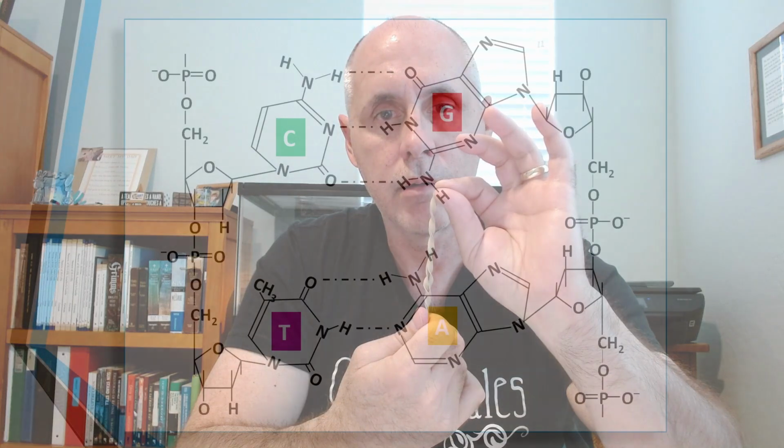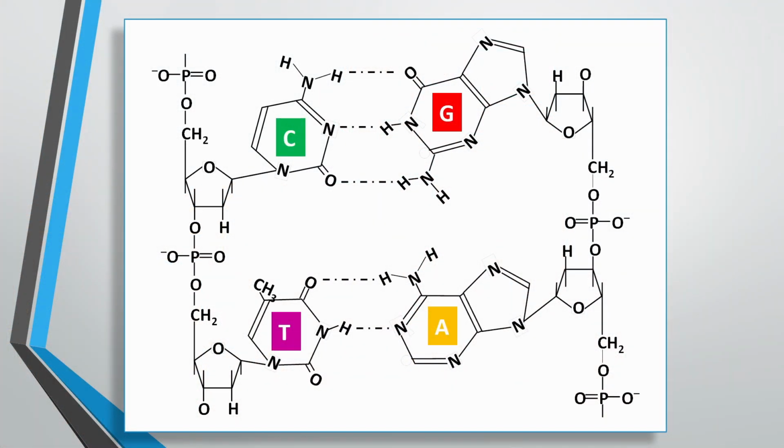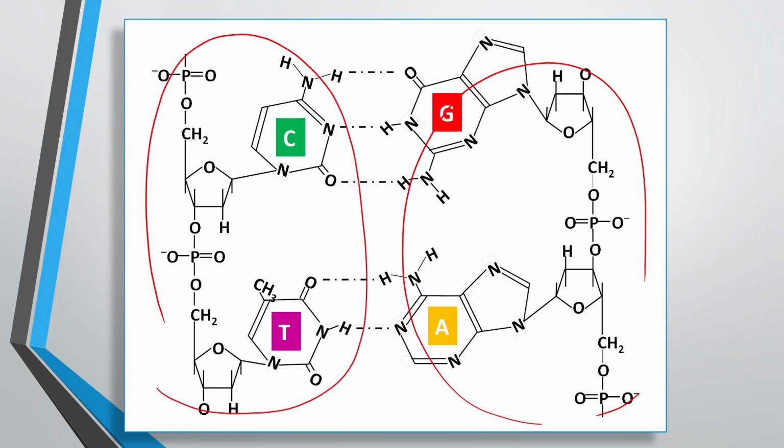And that's the structure it would take with those bases in the middle bonded together that hold the two strands together. And here's a 2D image of a very small piece of DNA. Notice we have two strands. This over here on this side would be one strand, and this over here on this side would be the other strand.